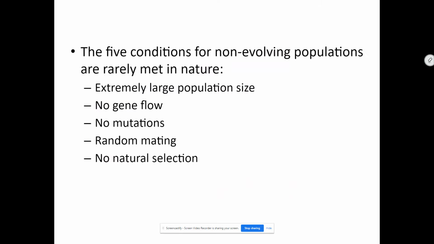And let's say that we get to 1,000 years from now and we come back and we measure P and Q again, and the population hasn't changed. That population is at genetic equilibrium. Sometimes you will see this called Hardy-Weinberg equilibrium.